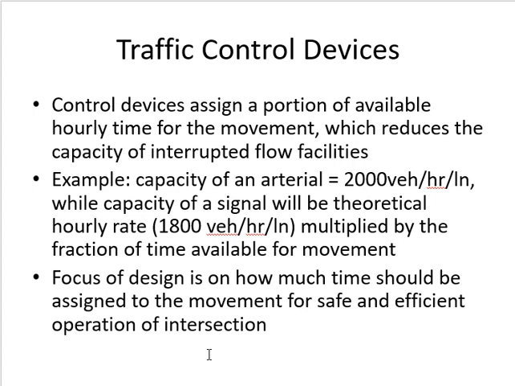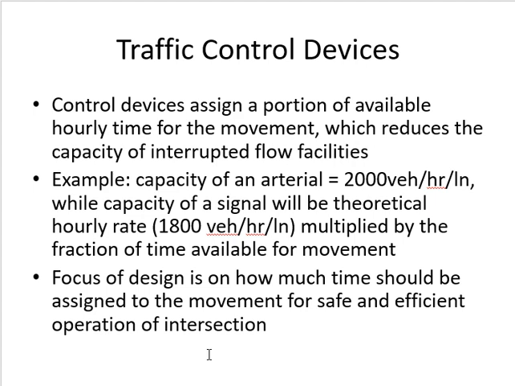So these traffic control devices reduce the amount of time in which a movement can happen from certain directions. Obviously when you reduce the amount of time available, the capacity will go down. For example, if you can handle 2000 vehicles per hour, now I reduce it so you don't have 1 hour, you have 40 minutes, so you cannot have 2000 vehicles, you will have less.